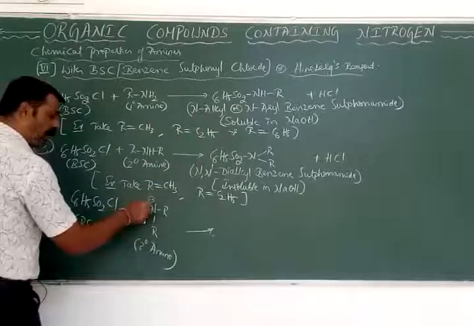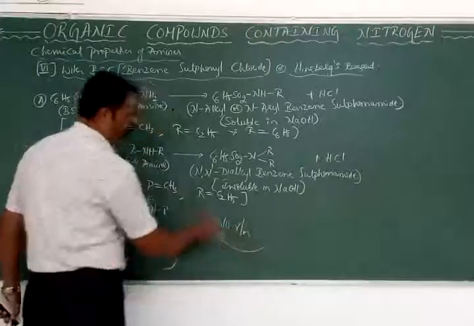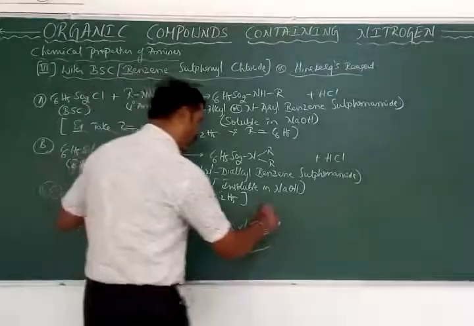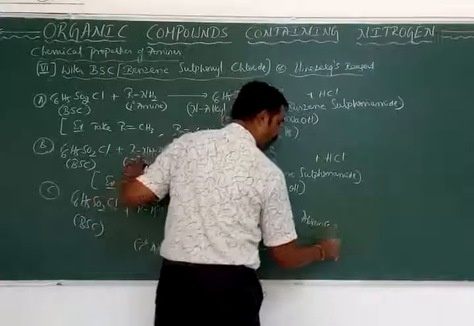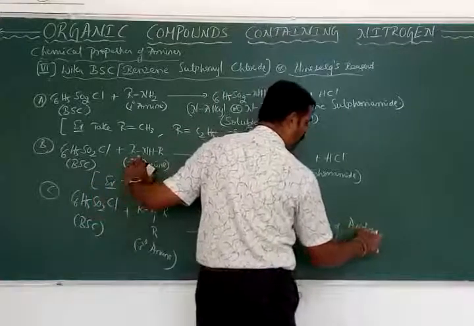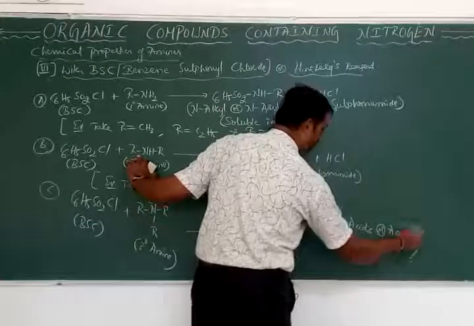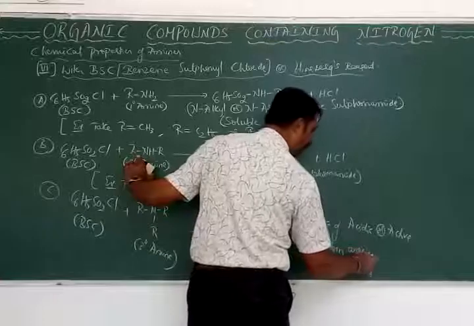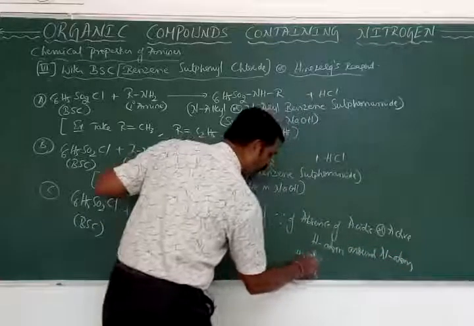Here there is no hydrogen, but there is only this one, therefore there is no reaction. Means tertiary amines don't react with the Hinsberg reagent. Why? Because of the absence of acidic hydrogen, or it is also called active hydrogen, around the nitrogen atom in case of tertiary amines.